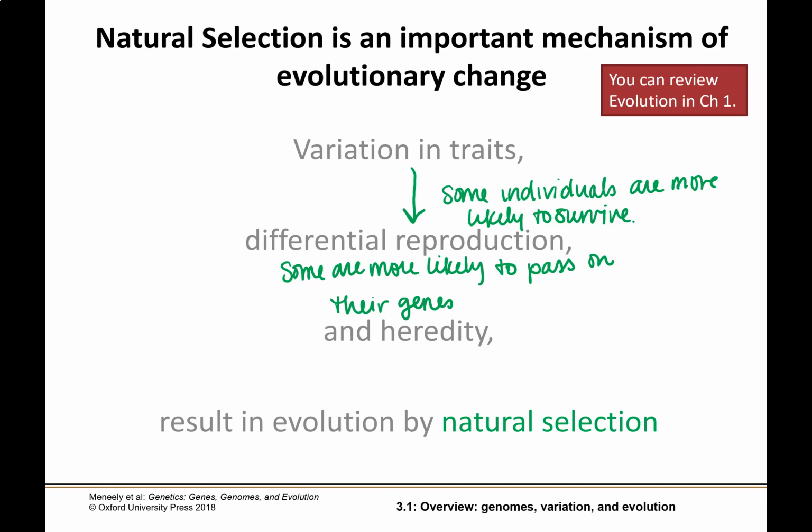So when we have variation and differential survival of a hereditary trait, we get evolution by natural selection. In order for evolution to occur, we need all of these things. We need variation in traits, we need differential reproduction and survival, and we need those traits to be heritable.